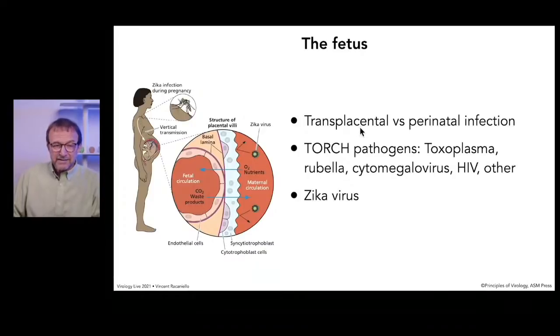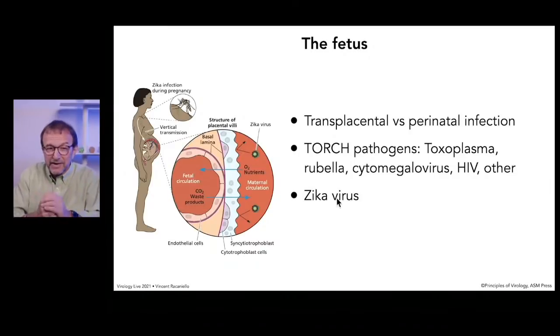And that is typically caused by what we call the TORCH pathogens. That acronym stands for toxoplasma, which of course is not a virus, but it is a TORCH pathogen. Rubella virus, cytomegalovirus, HIV. And the O was reserved for other because it was wisely understood that we wouldn't get them all. And in fact, Zika virus was our most recent addition to the TORCH pathogens.